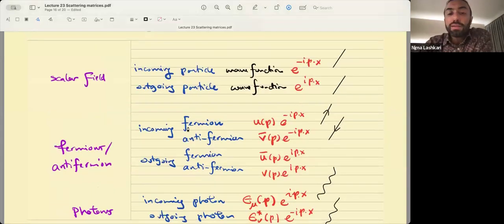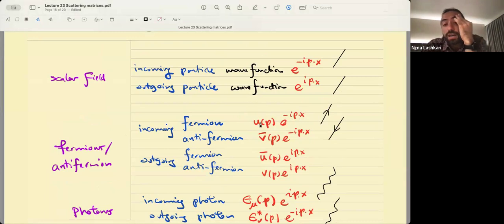Now, if you have a Dirac fermion, these are four-dimensional vectors. The fermion propagator is e to minus i p x, u of p. Remember that these are the things that we solve for in the free massive Dirac equation.